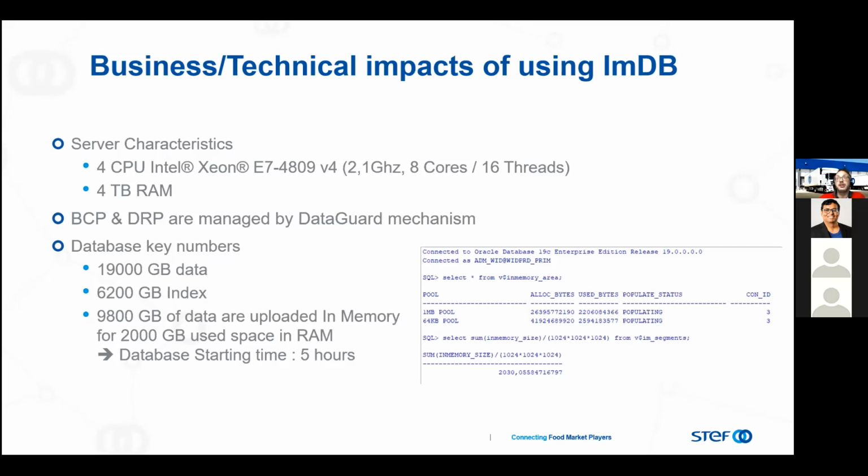Some key numbers about our database. Today we have 19 terabytes of data, 6 terabytes of indexes, and 9.8 terabytes of data are uploaded in memory, which took 2 terabytes of space in memory.